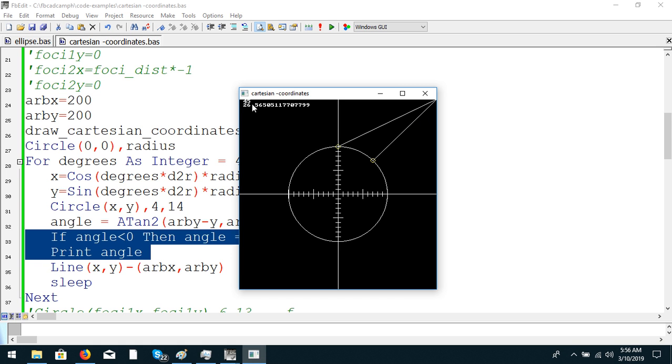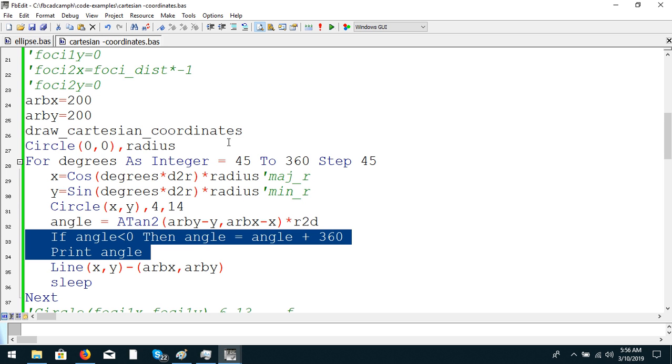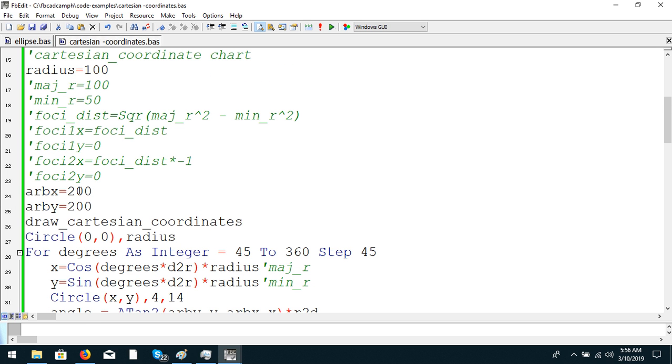And the angle from there over to the top right corner is 26 degrees and 25 degrees and so forth. What if I wanted to know what the angle is to the bottom left corner? Minus 200. Minus 200. Let's see how that works.